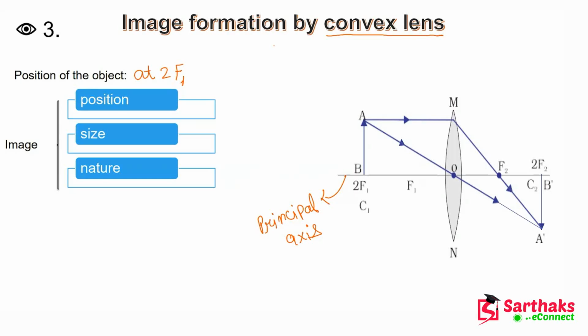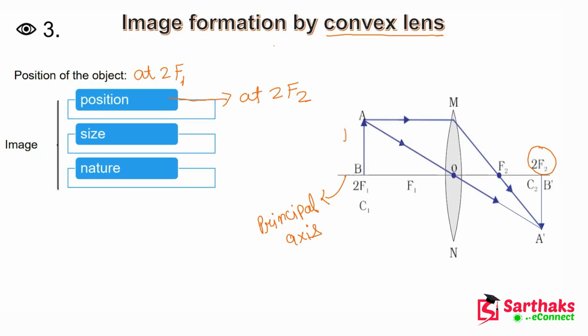Now you tell me, by looking at this picture, we can simply say that the image is forming at 2F2. The position of the image is at 2F2. Now, let's talk about the size of the image. You can simply say by looking at this picture that the size of the image is the same as the object.